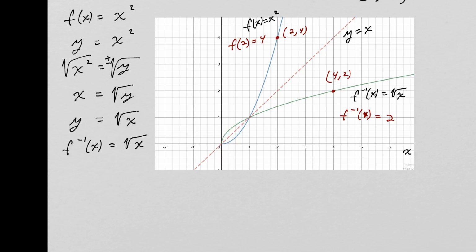So we can see that the coordinates of the points flip-flop, right? And you can do that with other points as well. Those were just really easy to read off. So for example, whatever this is, let's say it's like 1.75, right? The output is 3.